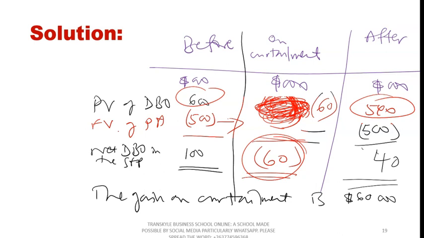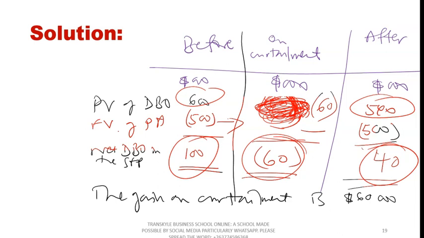So this simply means that the net defined benefit obligation, which had started as 100,000, is now 40,000. So the 40,000 is going to be recognized in our statement of financial position as the net benefit obligation.